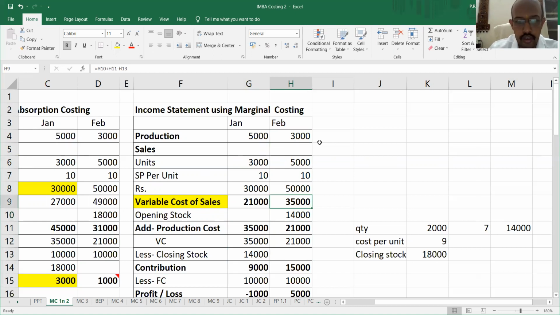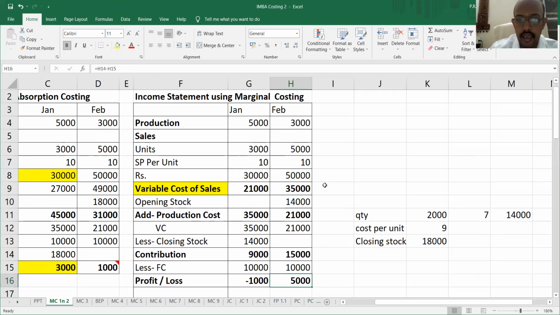So the cost comes to rupees 35,000. From 50,000 of sales, you remove 35,000 of cost. We get a contribution of 15,000 rupees, less the fixed cost of rupees 10,000, and what we get at the end is 5,000 rupees, which is the profit for the month.